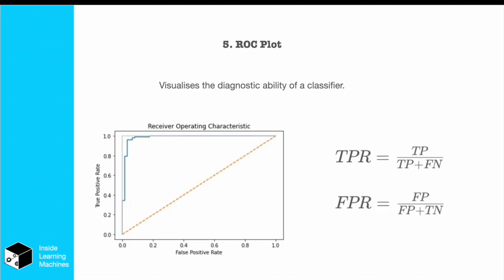And if it's below the diagonal, then in fact it's doing even worse than random guessing, and we have some big problems. So this just gives us a quick way to visualize and see how well our classifier is doing. And it's worth pointing out that the ROC plot is really meant to be used with binary classification problems.